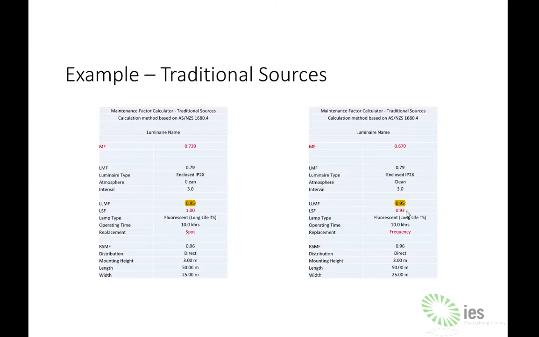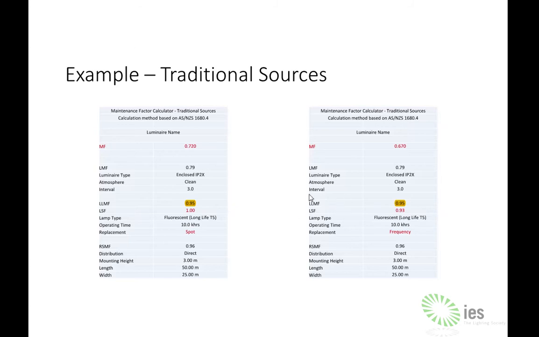Our LSF is really the thing that changes. Our LMF and our RSMF, and I'm going to get sick of saying them all night, stay exactly the same. Between 0.72 and 0.67, using this very typical fit out, we're all very familiar with how an open office would look, and those numbers were nothing extravagant. Hey, that's about the 0.7 that a lot of people quote when they talk about fluorescent, right there.